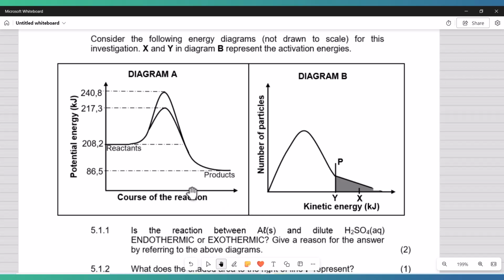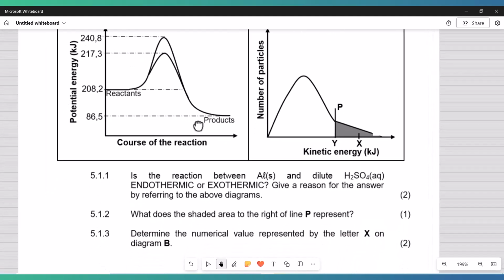Now, if you look at our energy here, for the products it is 86.5, but for the reactants it is 208.2. So because energy for the products is lower than that of the reactants, it means it is exothermic. So this is exothermic.